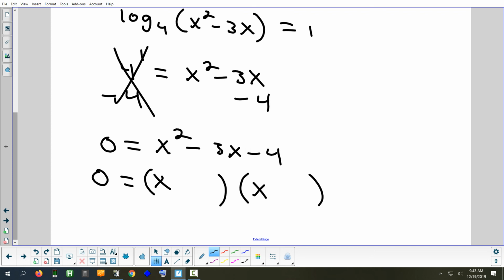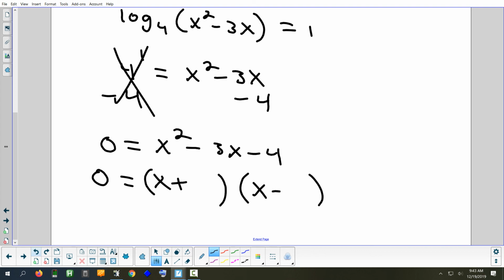Now, I've got a negative middle and a negative constant. So we're going to have to end up multiplying two things together to get a -4. So what do my signs have to be? Yeah? Positive, negative. Right. Anytime this is a negative right there, you always have to have one of each.